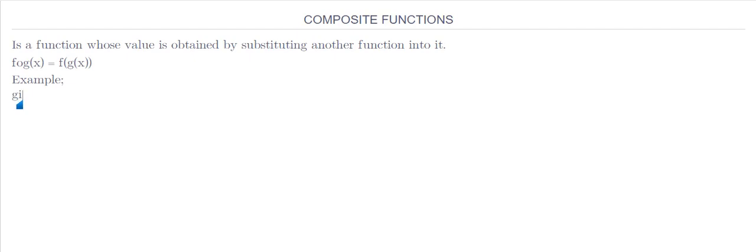I'm not choosing very hard things, I'm just writing them so that you can see that they're not that hard to do. Given f of x is equivalent to 6 minus 2x.